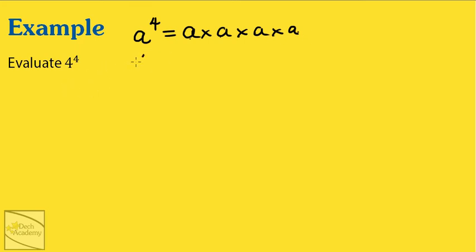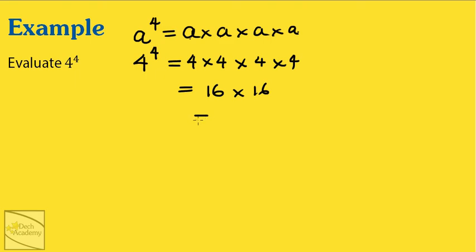So 4 raised to the power of 4 likewise is 4 times 4 times 4 times 4. 4 times 4 is 16, times 4 times 4, that's 16. So we have 16 times 16, which you can carry out, but I'll just give you the answer. That's 256. So what we're saying is 4 raised to the power of 4 is 256.